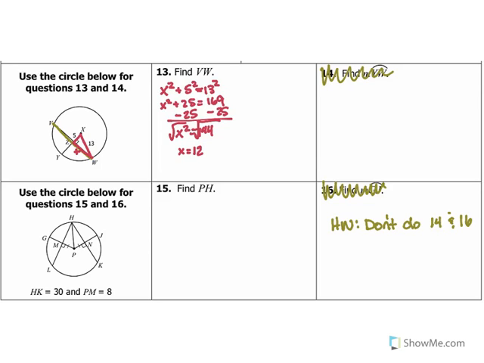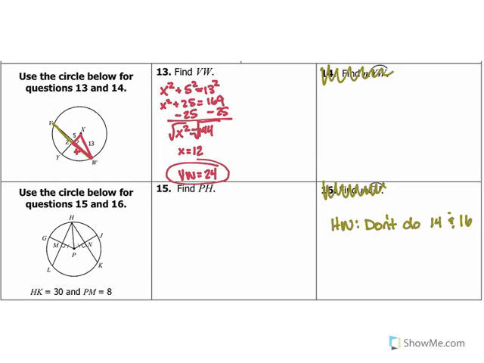Now, we know that's just the length of ZW, this x part right here. So if we multiply that by 2, we get that VW is 24. Pretty easy. You just have to think about what you know in math already and use it to your advantage, which is kind of what your math classes are going to be like from here on out. They're going to use the math that you already know and have you apply it in other ways.